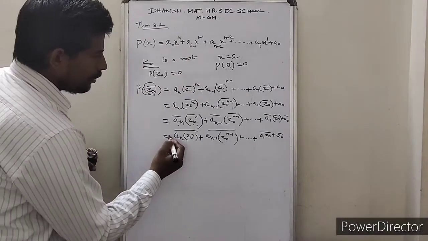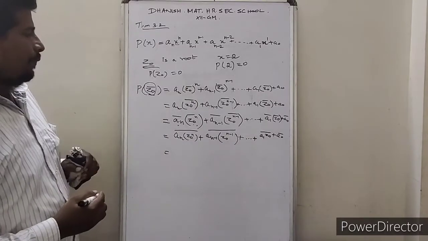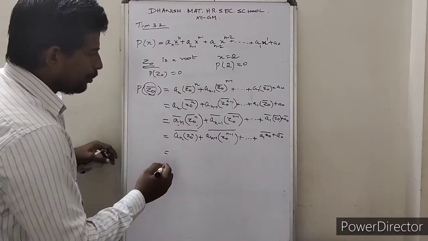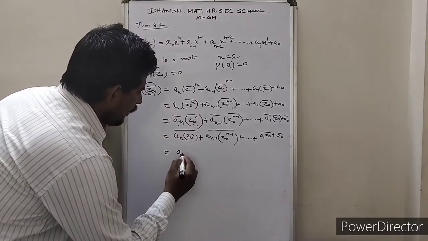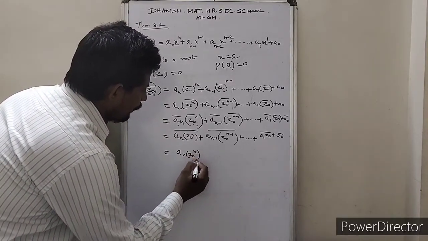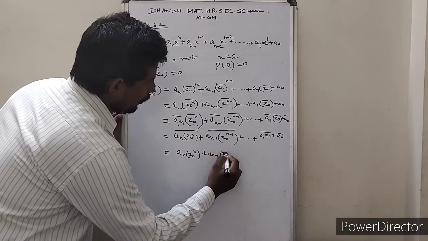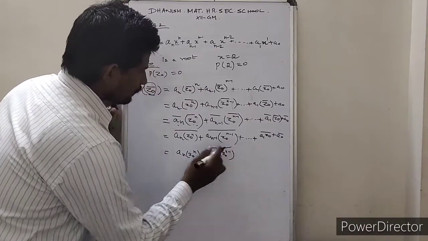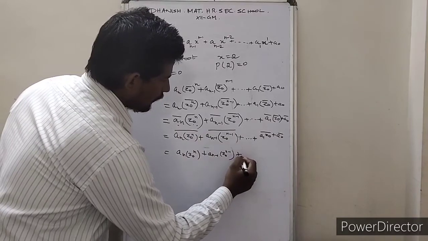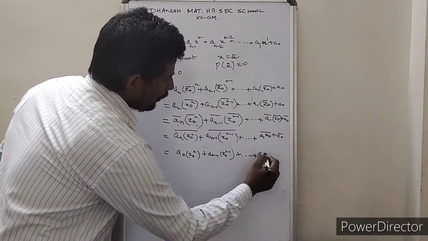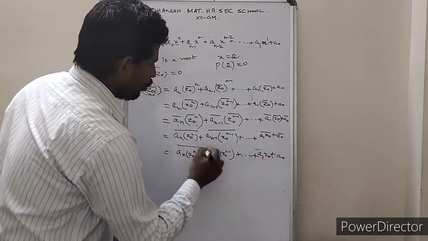Now look at all the terms. Here we have the conjugate on all the terms, so I write the conjugate as common: a_n z0 power n plus a_(n-1) z0 power n minus 1 plus etc. plus a_1 z0 plus a_0, whole bar.